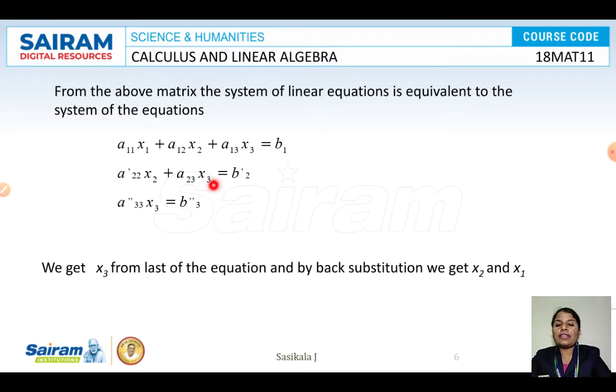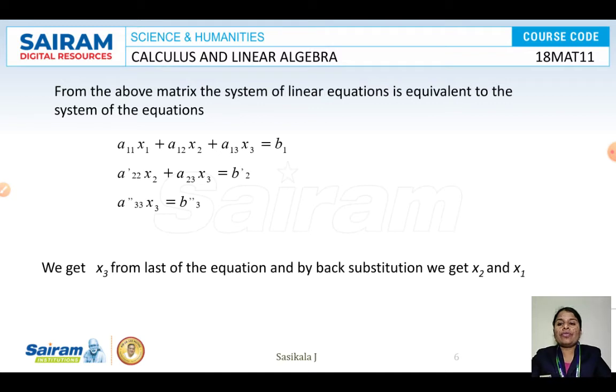Substitute x3 in the second equation and I get x2. Similarly, substitute the x2 and x3 values in the first equation and I get x1. That is what is written here: we get x3 from the last equation, and by back substitution we get x2 and x1.